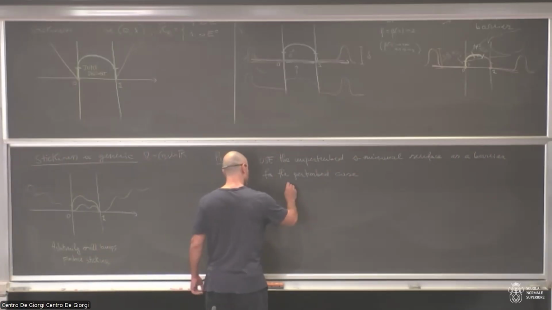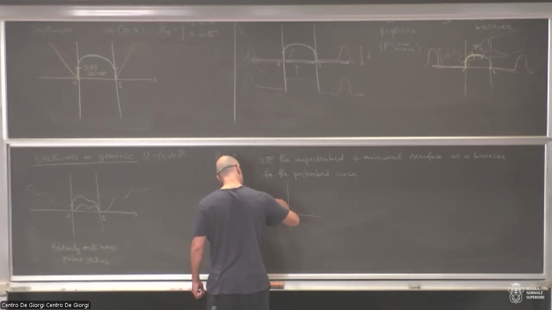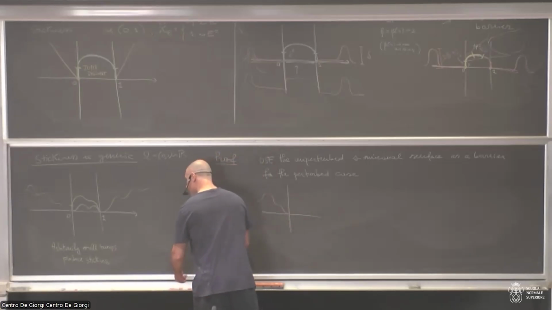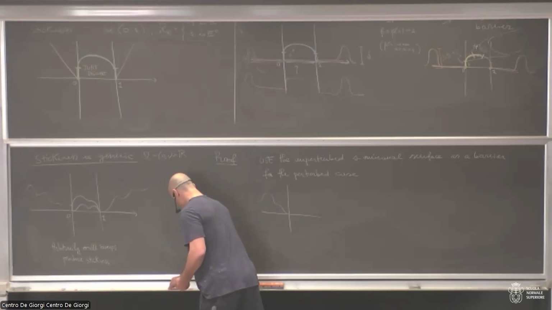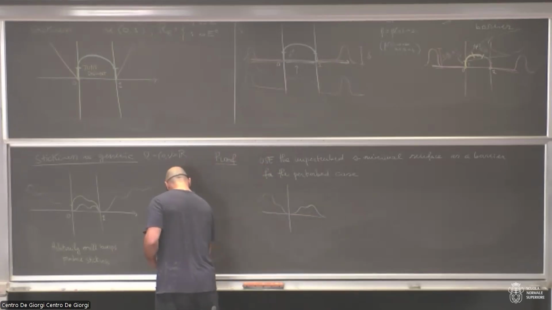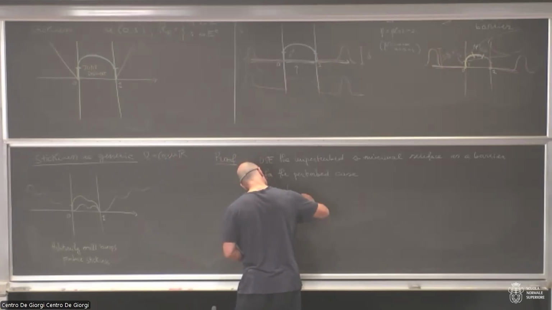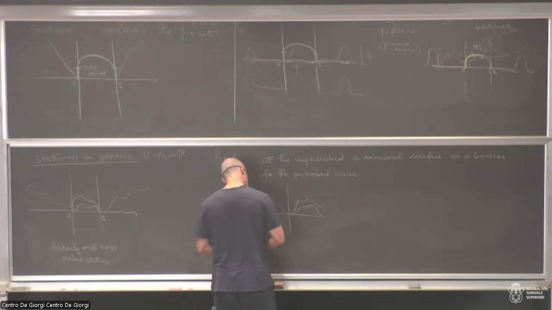Then, in principle, you have something like this, right? So you have the original datum, the original surface. Then, by contradiction, you have the new surface, which is not sticky at the origin. So that's something like this.